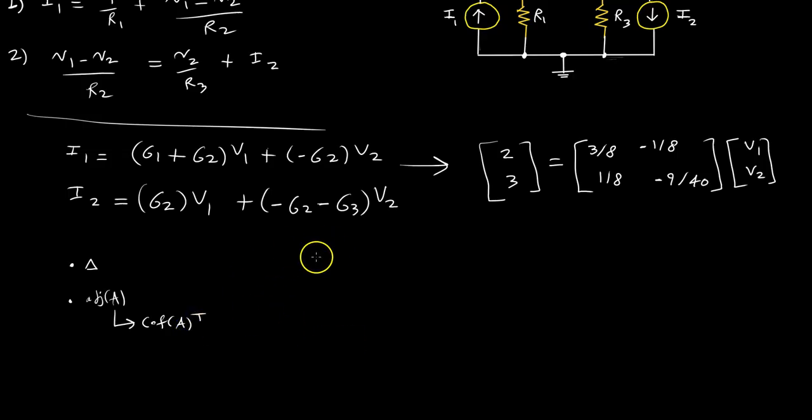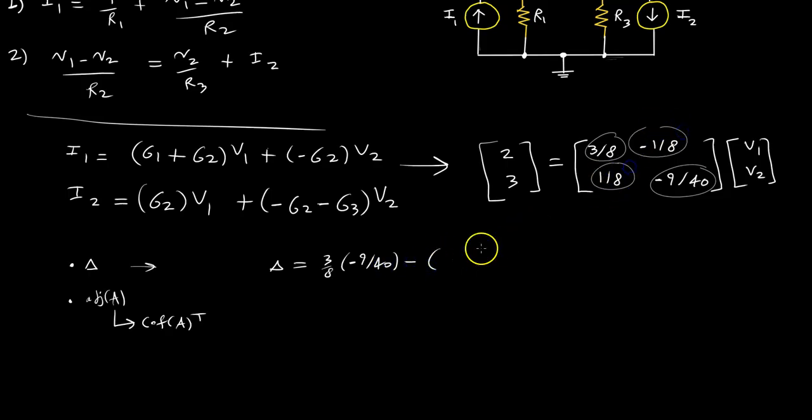So we will set this up, and for the determinant we're going to have the first term times the second term, which is 3/8 times negative 9 over 40, minus the product of the other terms.